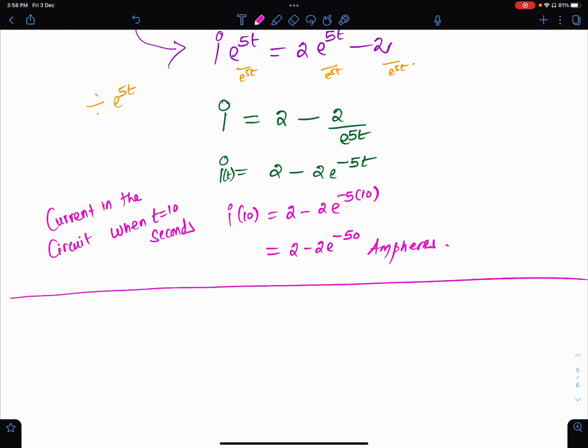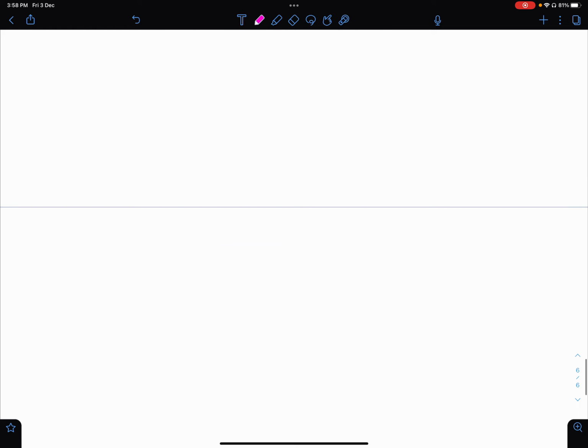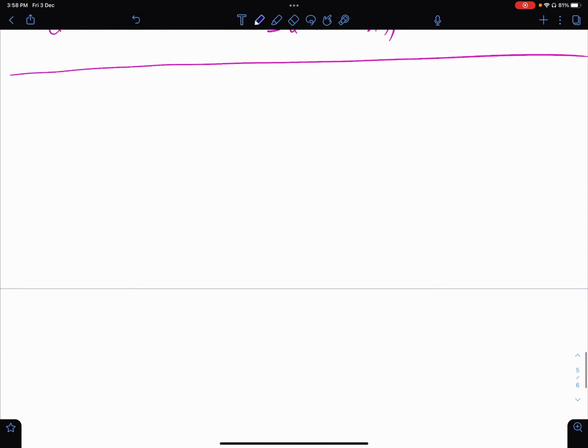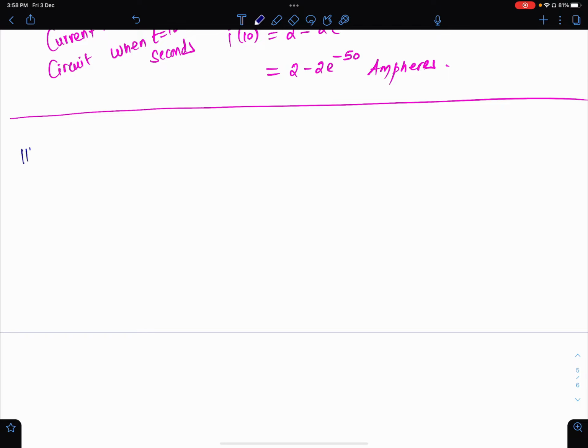And we go to the third one. The third one is orthogonal trajectories. Even though we cannot see much, mathematically it is a very important topic, orthogonal trajectories.